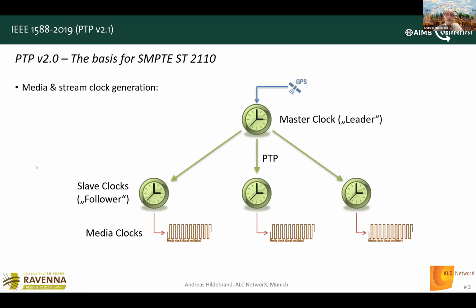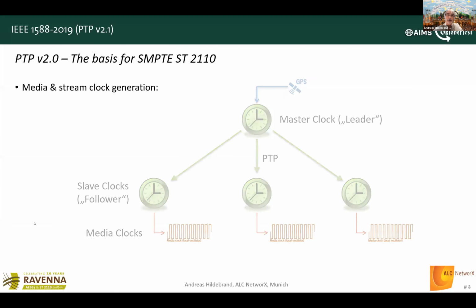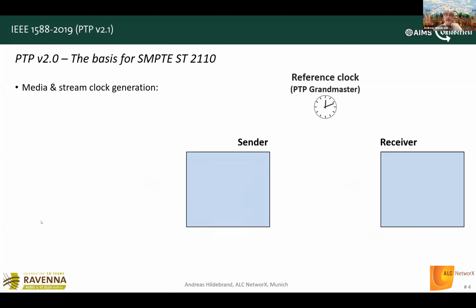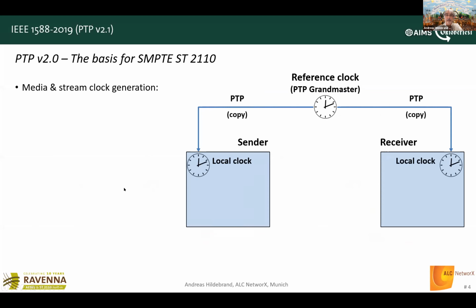And from the local copy of time, media clocks are generated locally on the individual devices. So if you look at a pair of individual devices, again, we have the Grandmaster clock. By the way, Grandmaster as a term hasn't changed, so we'll still call it Grandmaster. And we have a sender and receiver device with their local clocks, and we have a PTP protocol which copies basically the exact Grandmaster time into the local clocks of the participating devices.